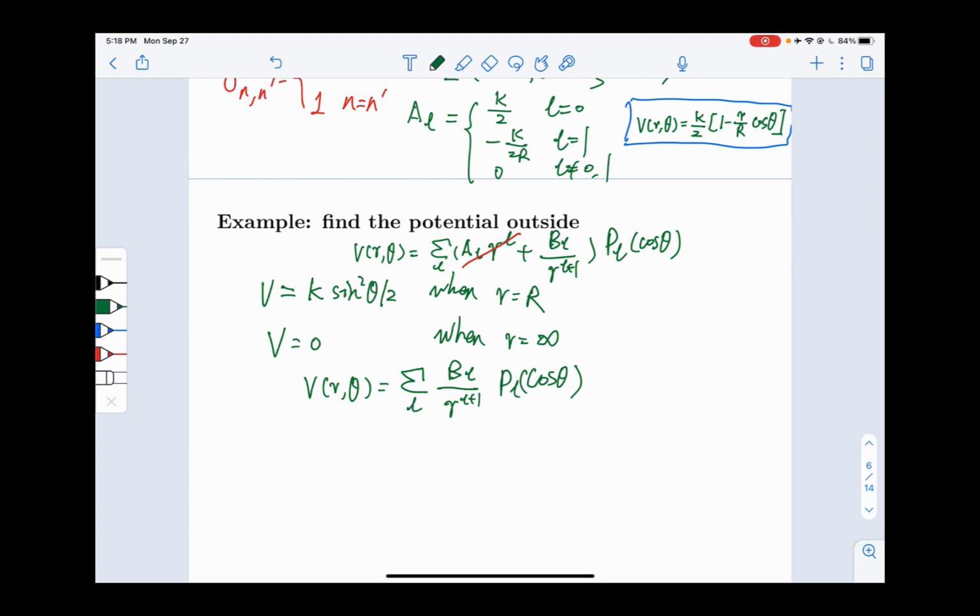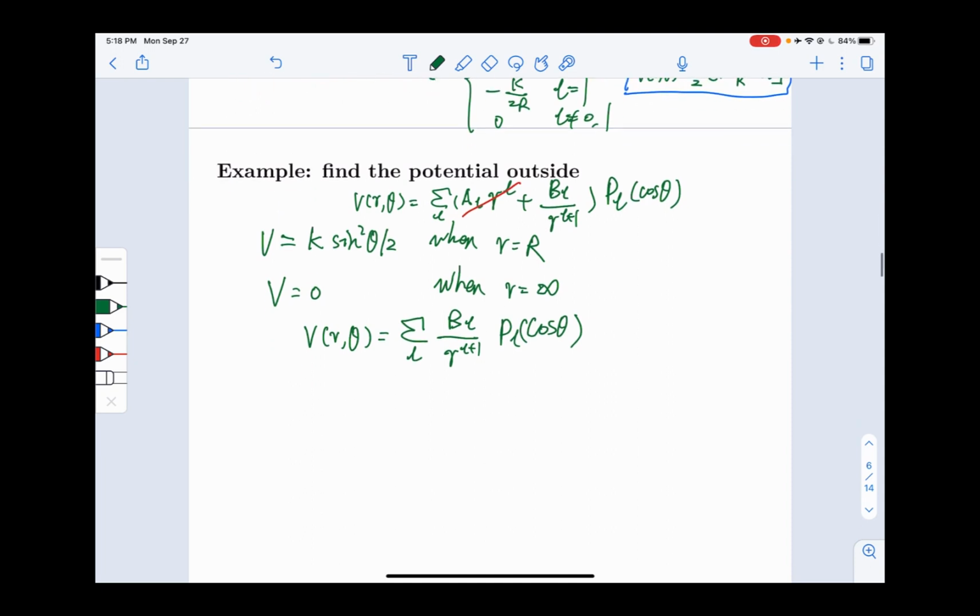like this. And now we simply apply the boundary condition again, and after we apply the boundary condition, we can get, let me skip some of these steps.